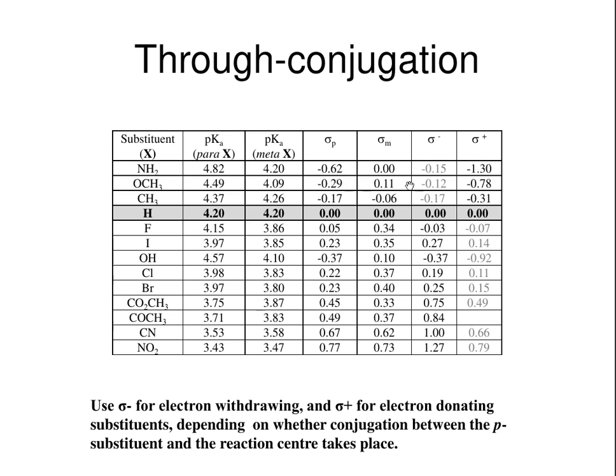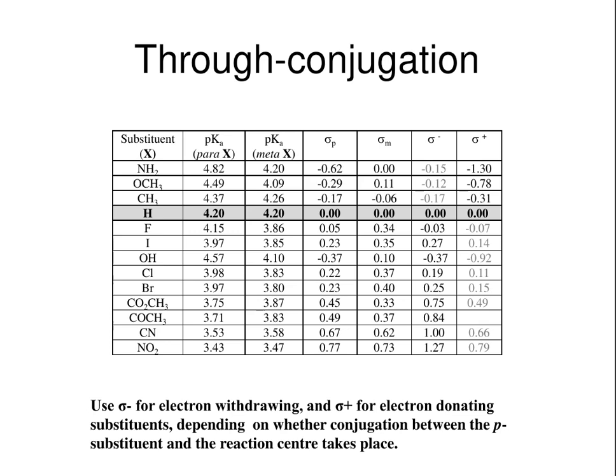There's quite a difference between them. You can see they are much higher in value due to through conjugation electron donating. And similarly, take the para-nitro group, compare it to para-nitro where through conjugation is not possible. You can see that the through conjugation has changed that Hammett substituent parameter quite a bit.